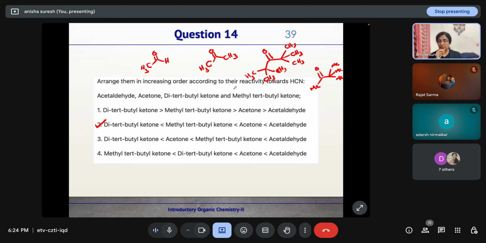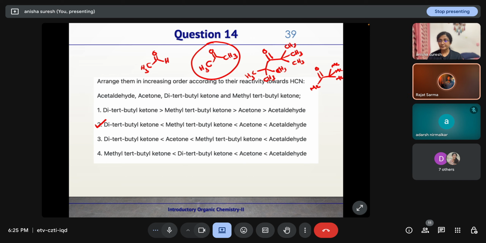So then comes acetone, this dimethyl ketone. Now, in the case of acetaldehyde, the methyl group is replaced by hydrogen. So the electron donating inductive effect will be lesser in the case of acetaldehyde, and it will be more reactive towards the HCN. So, that is why this order is coming.